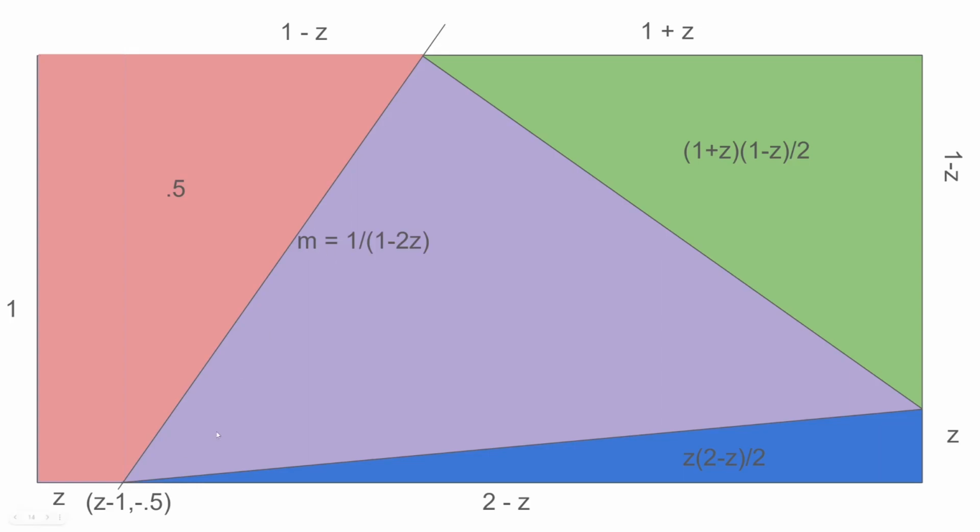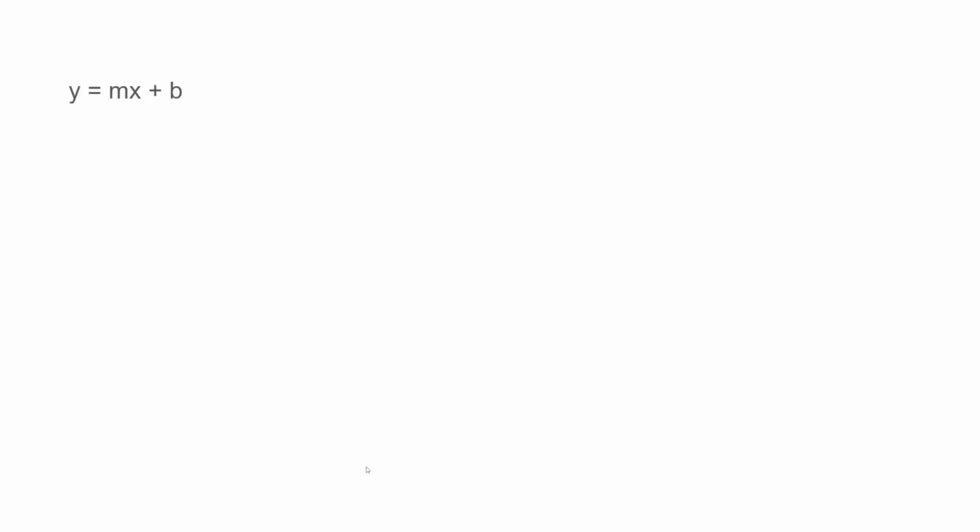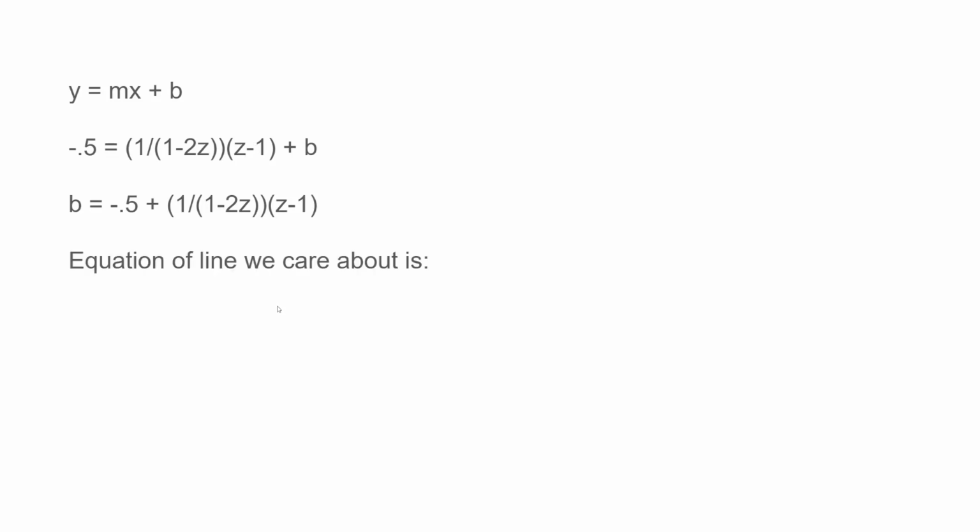I know the slope of this. It's just, 1 minus 2z is the x distance this travels along this triangle, and 1 is the y distance that this travels. And so if I plug that into this equation, I'll know that y, the coordinate point I have, negative a half, is the slope times the x point I know plus some unknown intercept. Rearrange that a little bit, and I get an intercept here.